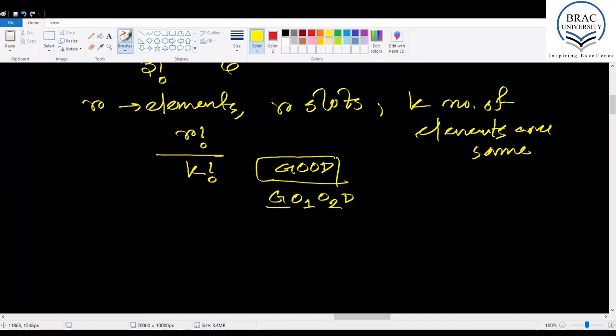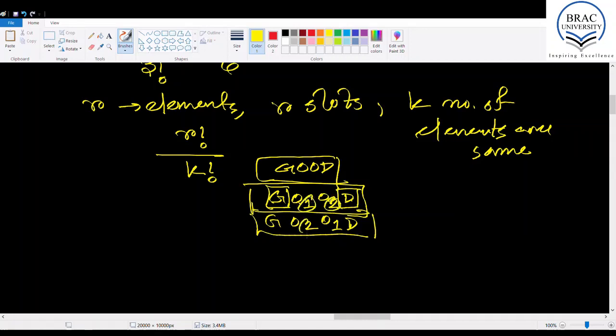So fixing the position of these 2, we can rearrange this permutation like this: O2, O1 and D. See here, G O1 O2 D is a permutation, and G O2 O1 D is another permutation, right? But in reality, O1 and O2 make no difference, right? So these two permutations actually refer to 1.